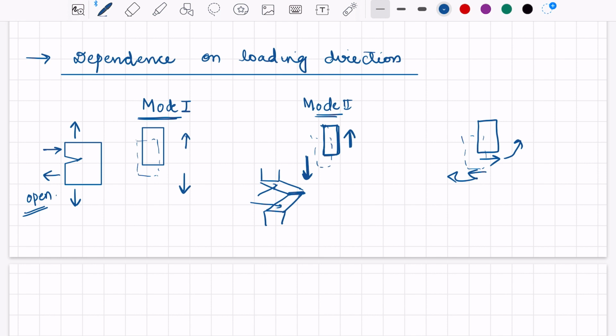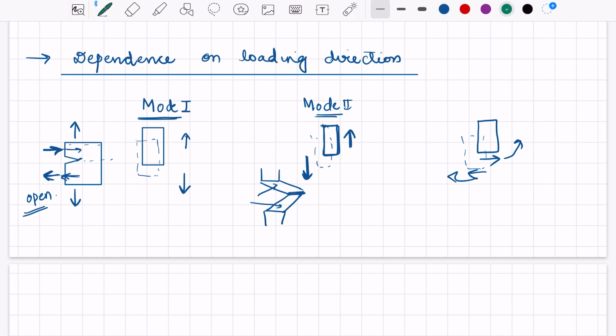You are applying a shear stress such that this part goes inside and this part goes outside. Assume these are the 2 dusters, so if you apply a shear stress, this will go inside and this will go outside. So this is the mode 2 loading.